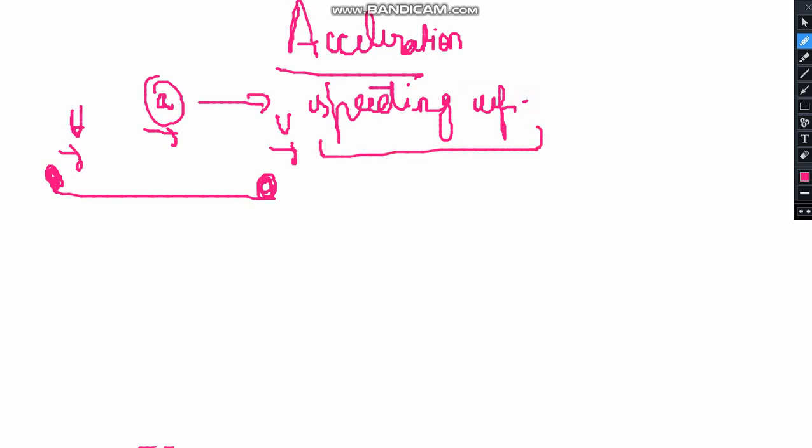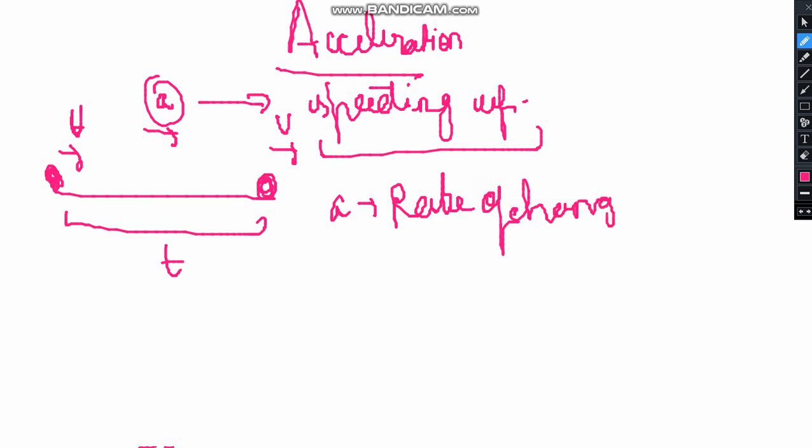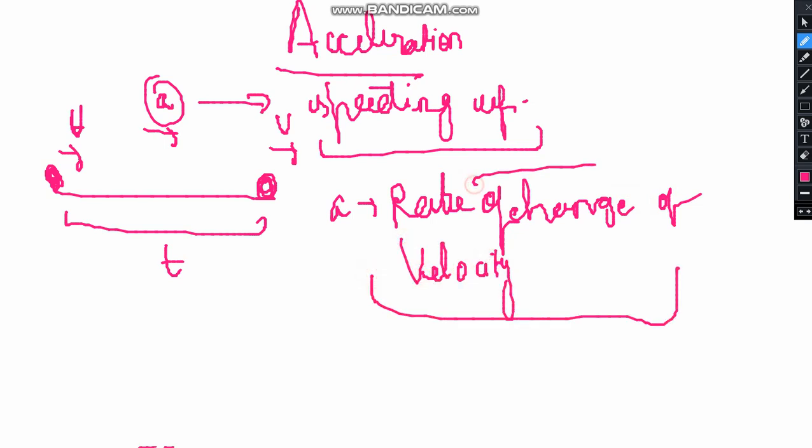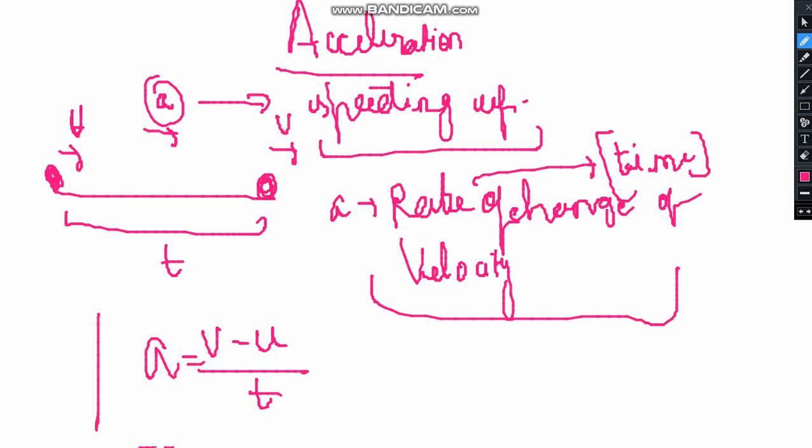Acceleration is basically speeding up through some time t. We define acceleration as the rate of change of velocity. Rate refers to time. So we can derive the formula: a equals v minus u by t.